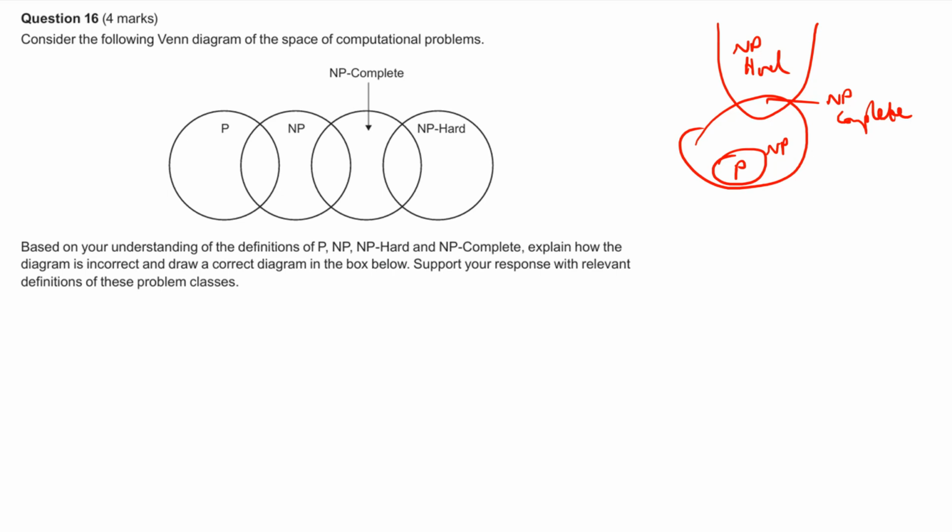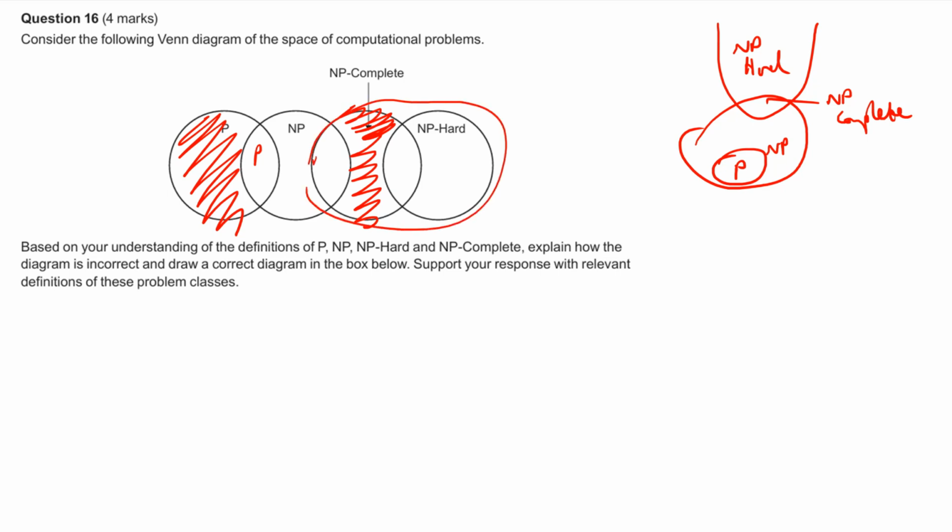And what are the errors we've corrected? We've said P needs to be completely within NP, and NP complete needs to be between NP hard and NP, in the intersection there. So P is just this bit here, so there's no P outside of NP, and there's no NP complete outside of NP or NP hard. So really, these should be together.